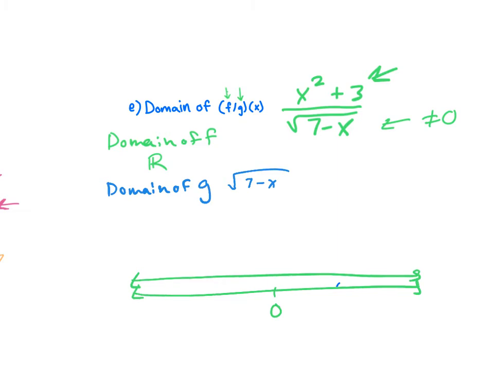So 7 minus x has to be greater than or equal to 0 because we can't have a negative in our square root. So then to find what interval this needs to be, we just add x to both sides. We have 7 is greater than or equal to x. So x is less than or equal to 7.